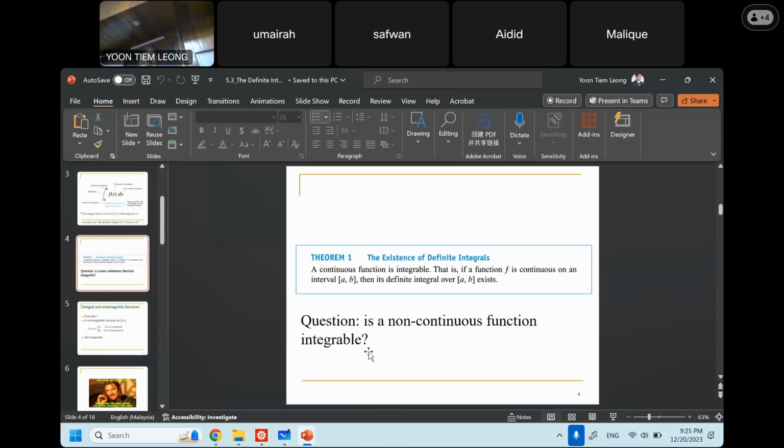Most of the functions we encounter are integrable, especially if the function is continuous within that interval. According to this theorem 1, it must be integrable, meaning that its Riemann sum must exist. So this theorem only says that if you have a continuous function, its Riemann sum must exist, because the existence of the Riemann sum for the function is just equal to the statement that the function is integrable. Okay, so sometimes you say the function is integrable, sometimes you say the Riemann sum exists. Both of them actually refer to the same thing.